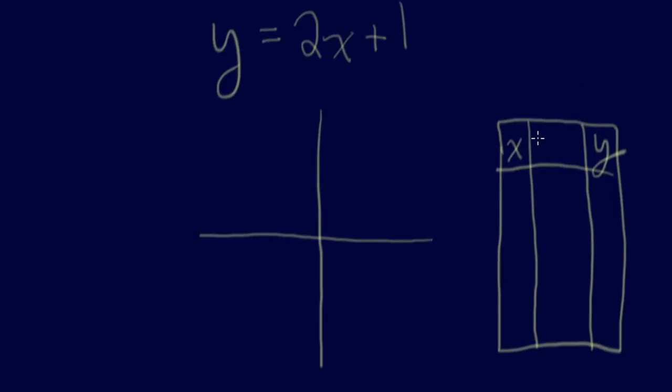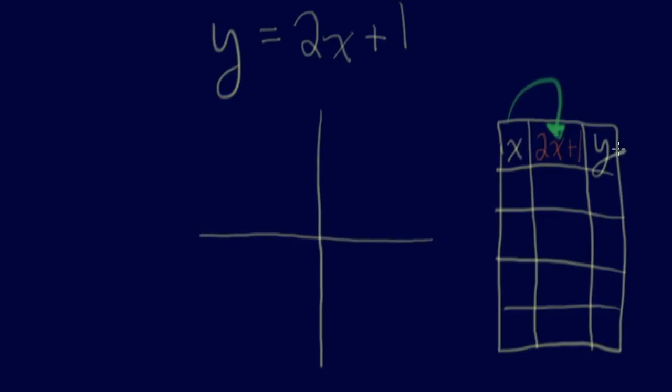So I'm going to put down the equation here, 2x plus 1. And now I get to pick numbers for x, any number I want, and plug it in. So I'm going to plug in whatever I choose for x right here, and get an answer for the y. Does that sound pretty good?